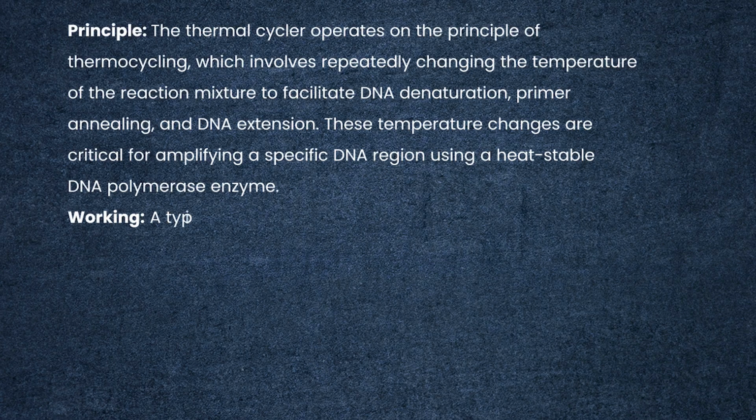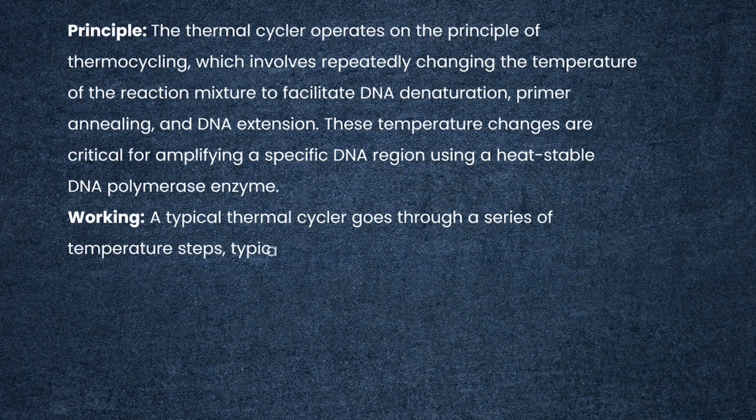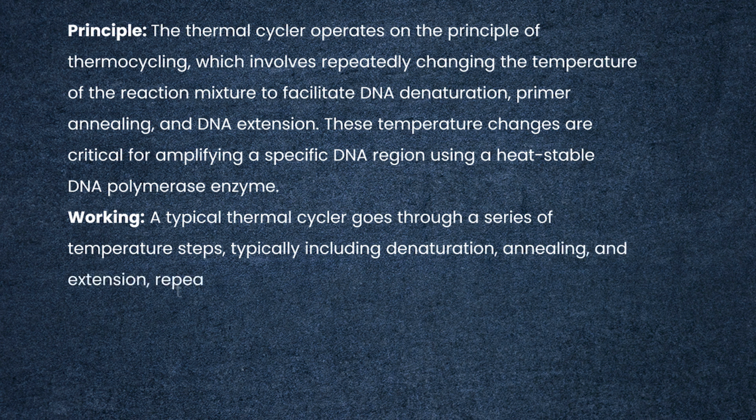Talking about the working of the PCR machine, a typical thermal cycler goes through a series of temperature steps, typically including three basic steps: denaturation, annealing and then extension, repeated for a set number of cycles. Here is how it works, starting with the first step, that is initialization.